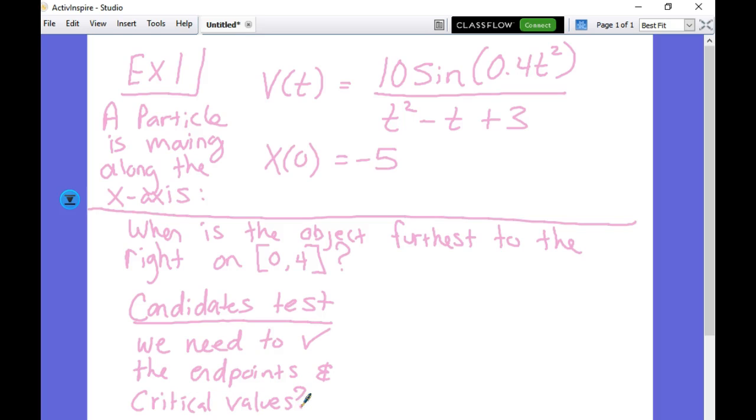So that's a good point. Technically the candidates test only applies if it's continuous. Now, sine is continuous, and a polynomial is continuous. It's a good question.